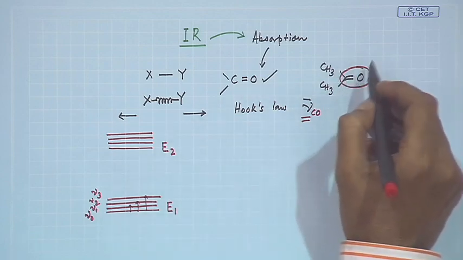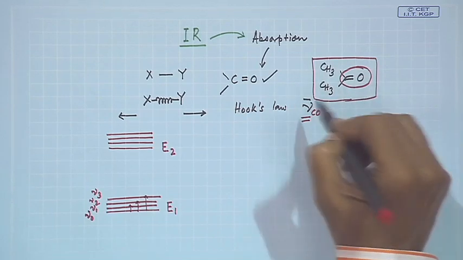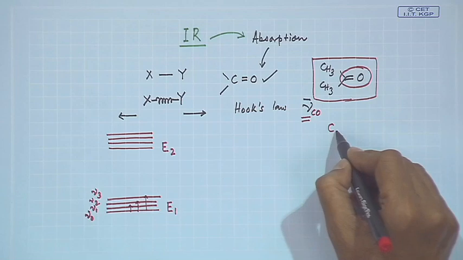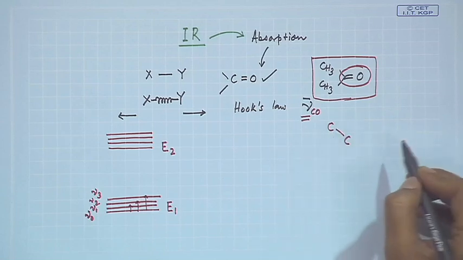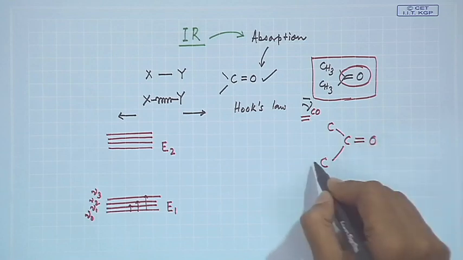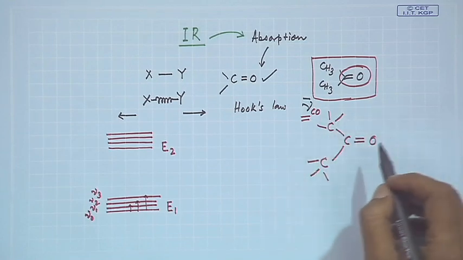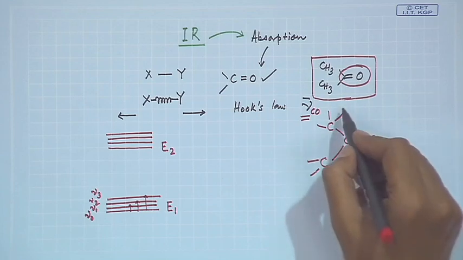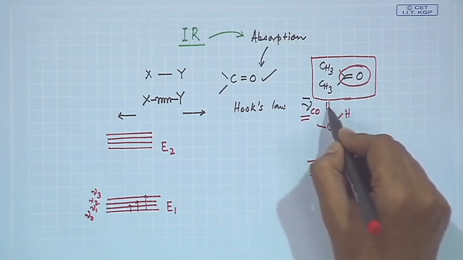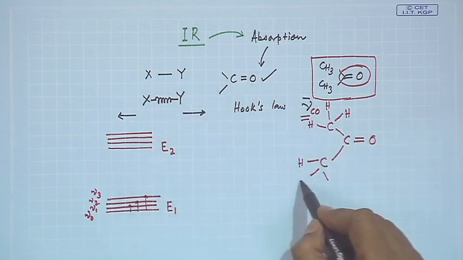So, if we look at the acetone molecule, what we have seen is that we can have C bond and this C bond and the C double bond O, and this can also attach to these hydrogens. So, you see for this most simple one, the acetone molecule itself, we have so many bonds which are connected by XY combination.